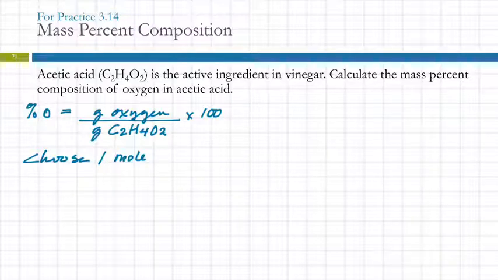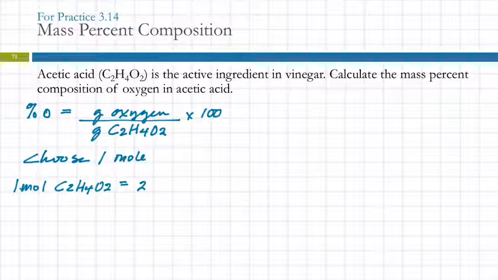Can we figure out the mass of 1 mole of acetic acid? Yeah, we just learned how to do that. That's the molar mass. So 1 mole of acetic acid, this C2H4O2. We're going to look at how many atoms of each element are in 1 molecule, and we're going to use the masses from the periodic table.